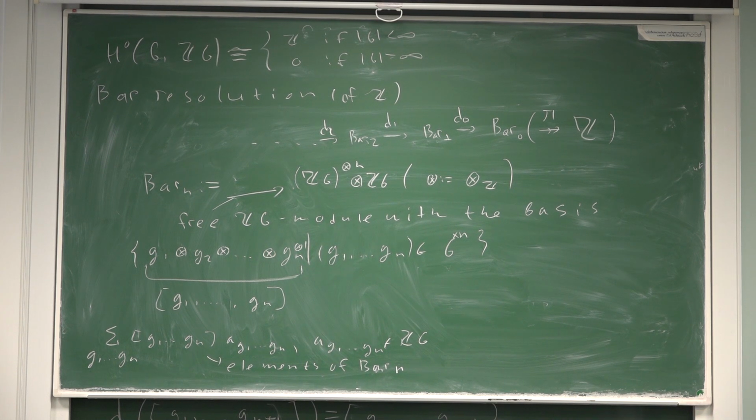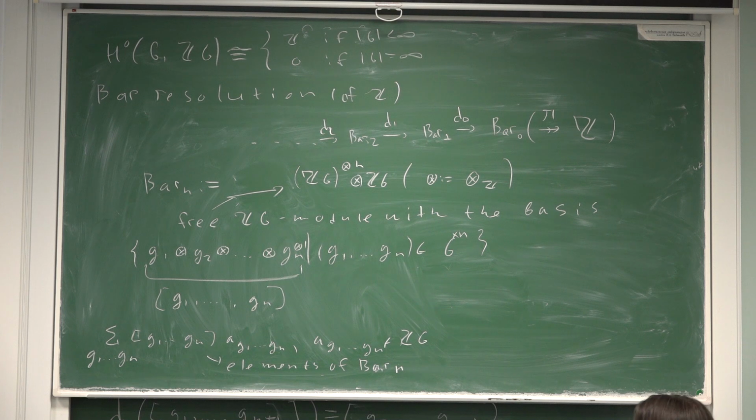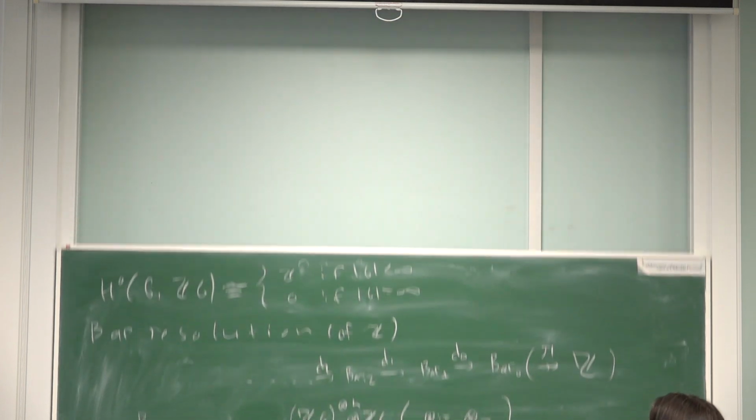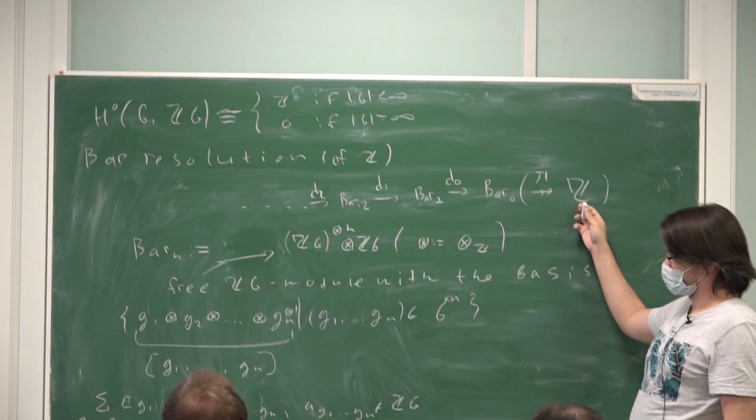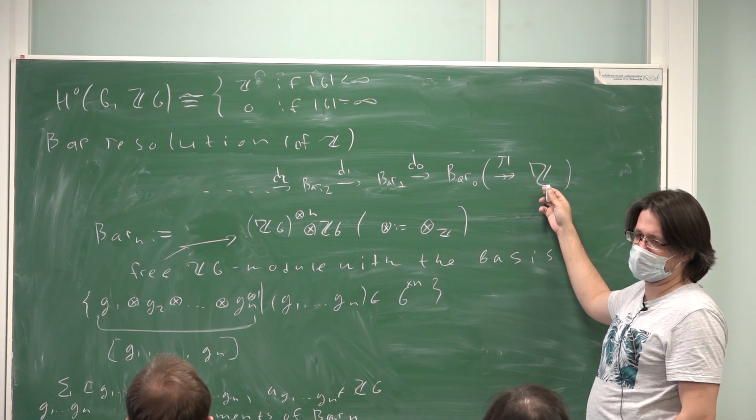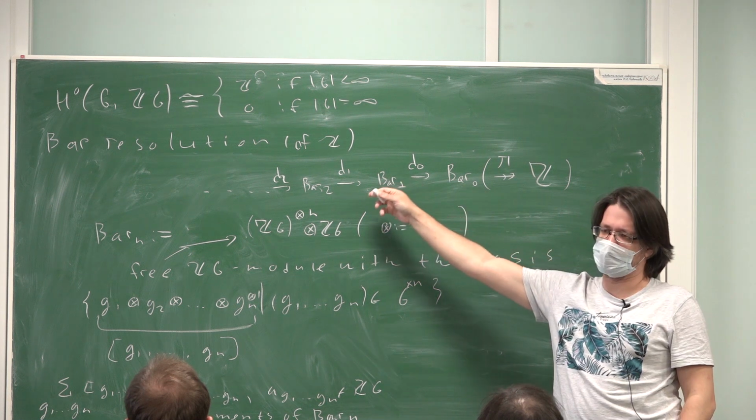It, of course, will not be a splitting over ZG, because in this case all homology and cohomology would be 0, like starting from the first one. So it will be a splitting over Z, because you can see that this guy is a free Z module, and all of them are free Z modules too.